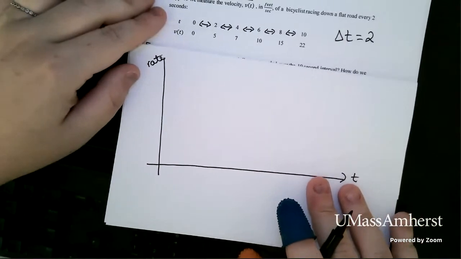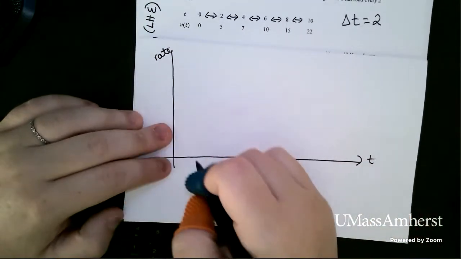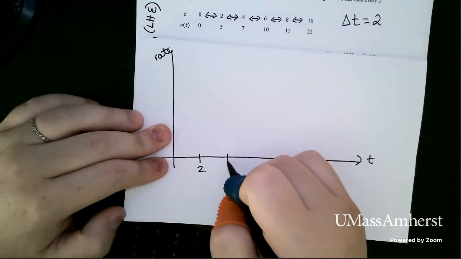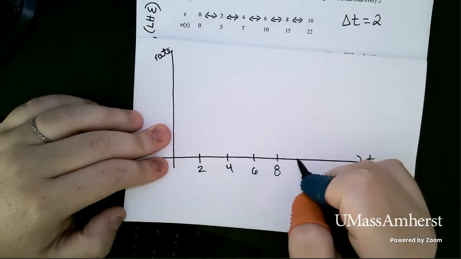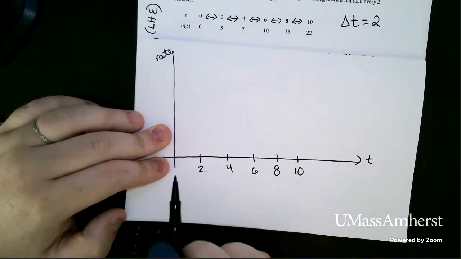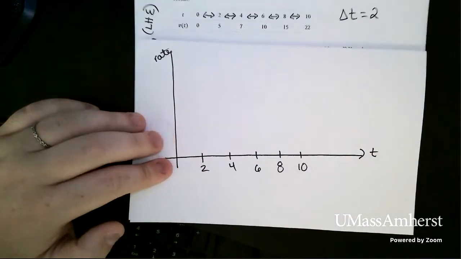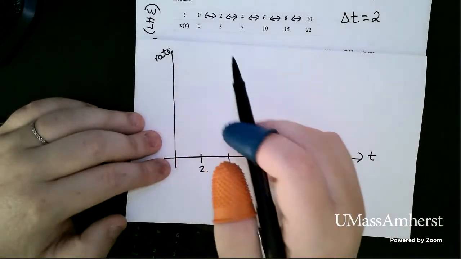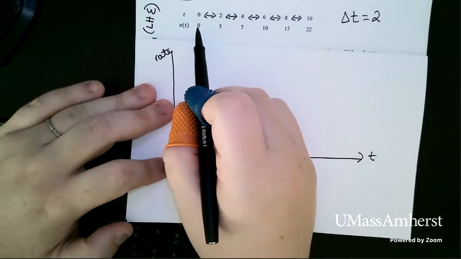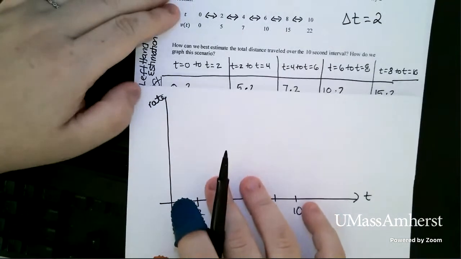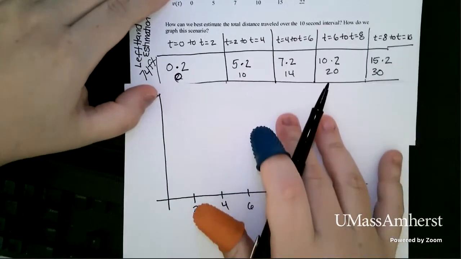When I do a left-hand approximation, so 2, 4, 6, 8, 10, each time interval is 2 seconds long. When I do a left-hand approximation, I'm always picking the rate on the left. So I picked 0. So this is part of my left-hand approximation.